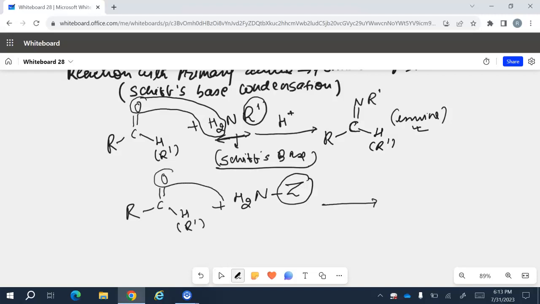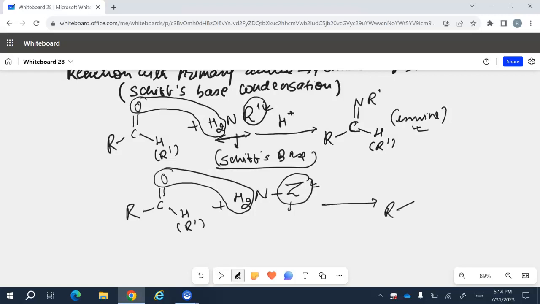It will undergo condensation, but please be aware that when this G is not an alkyl group, we do not call that Schiff base condensation. Schiff base condensation is only for the primary amine. But if you have any other group, like G can be any other group, then it is just the formation of imine.